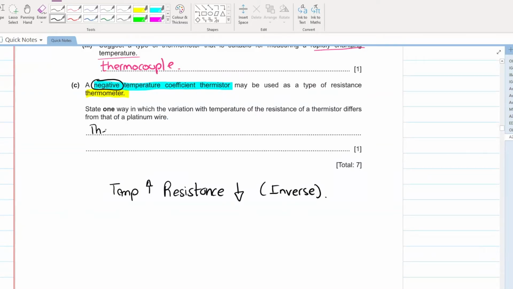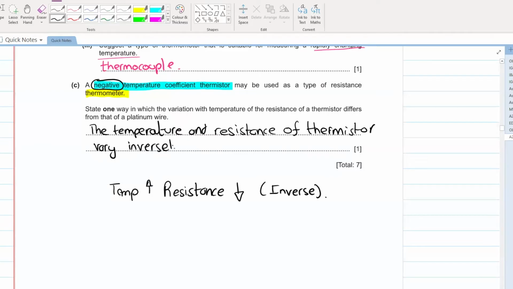The temperature and resistance of thermistor vary inversely.